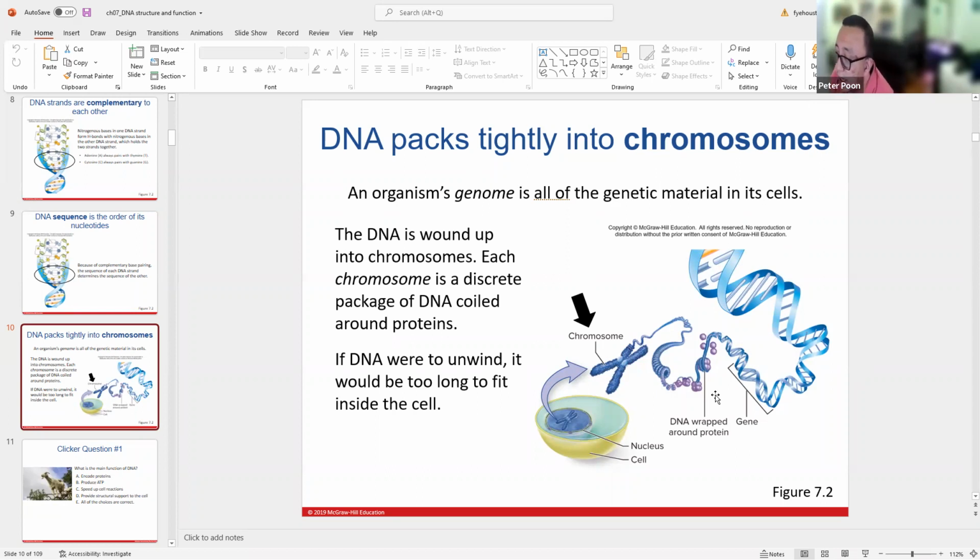DNA is wrapped around proteins called histones. The histones bundle together into a telephone-cord-looking thing, and then that wraps around itself, and that forms a chromosome.